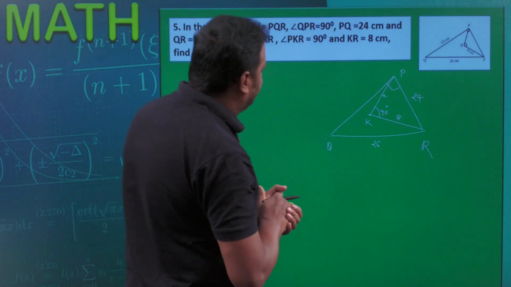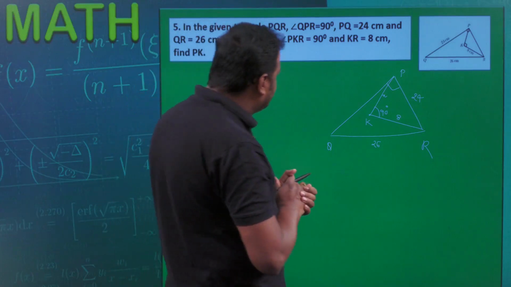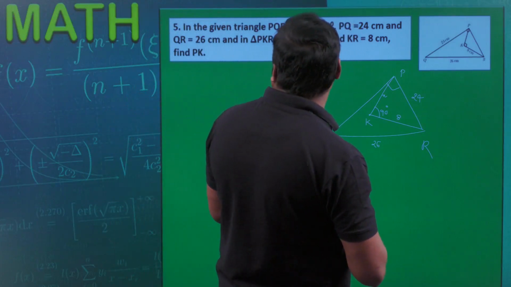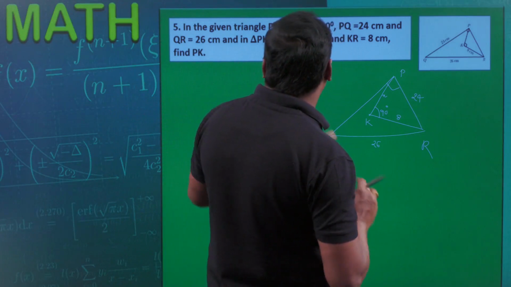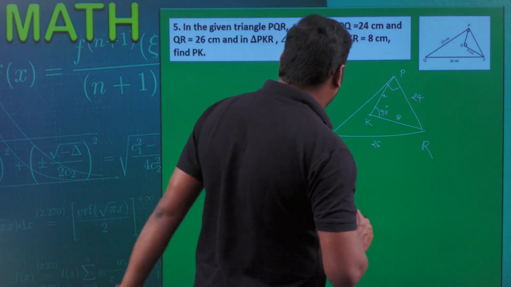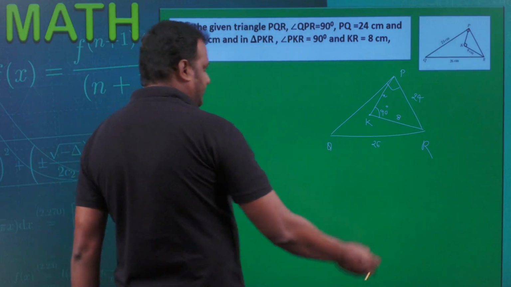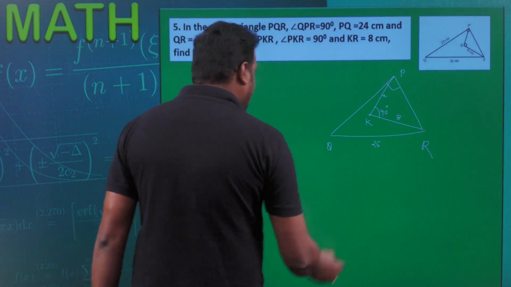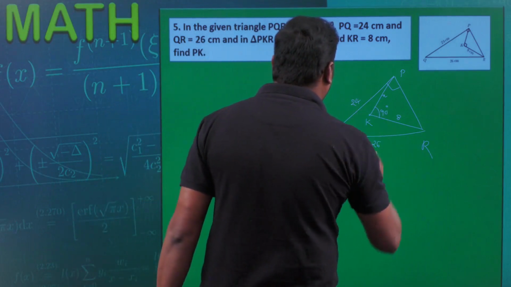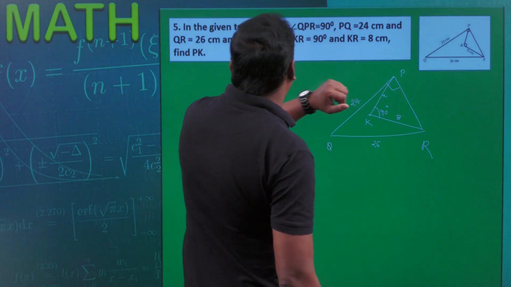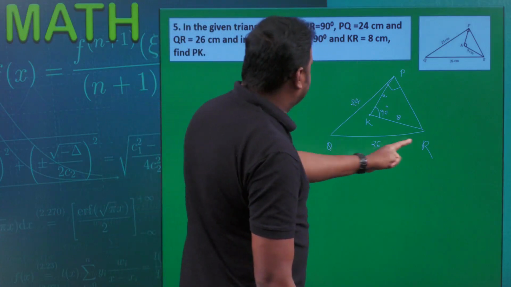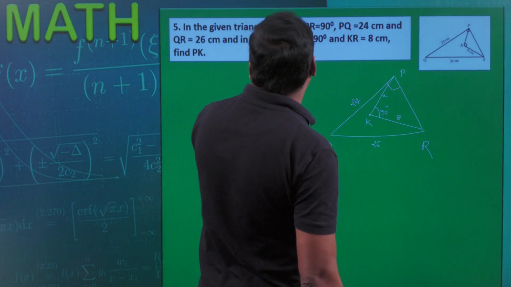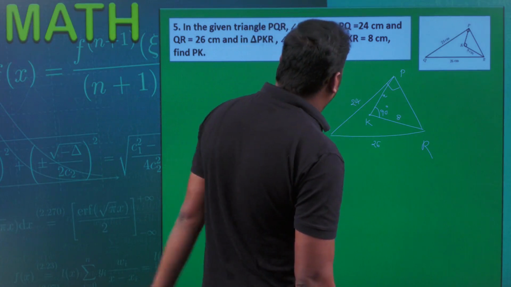It is given PQ is equal to 24. Sorry, it was mentioned wrongly. This is 24, PQ is 24, and QR is equal to 26.